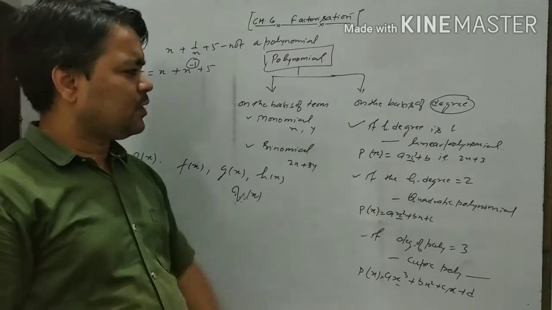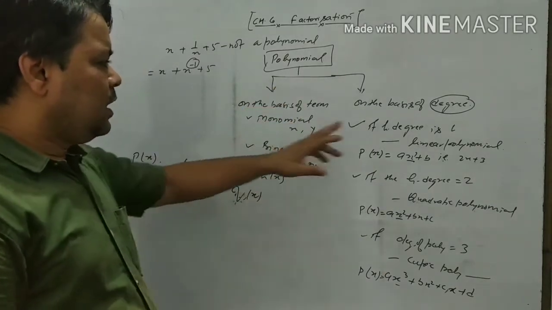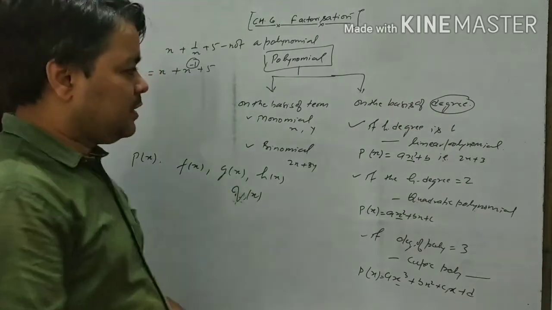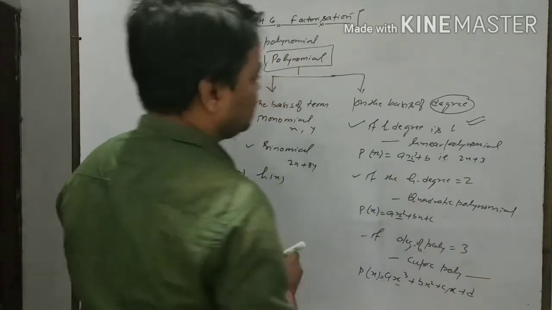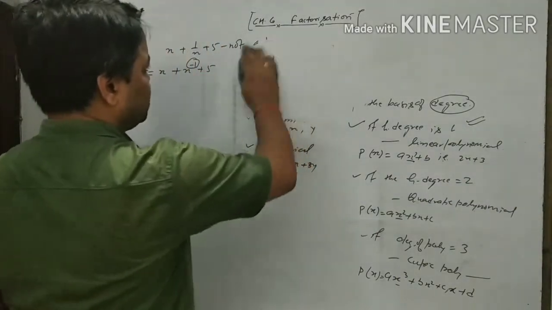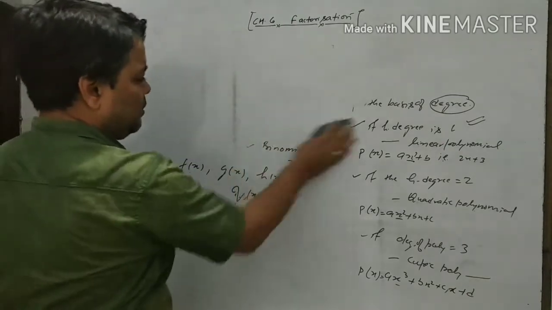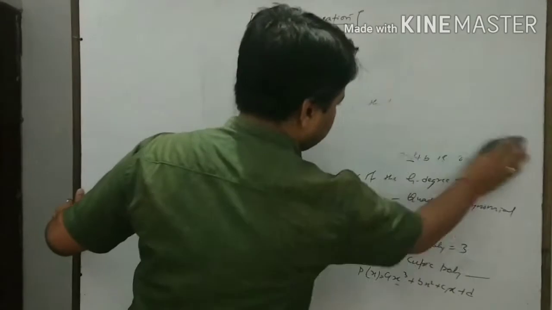So this is the classification of the polynomial on the basis of term and on the basis of degree. Here, our syllabus is related to this part. Here, we just classify polynomial: monomial, binomial, trinomial, like that.